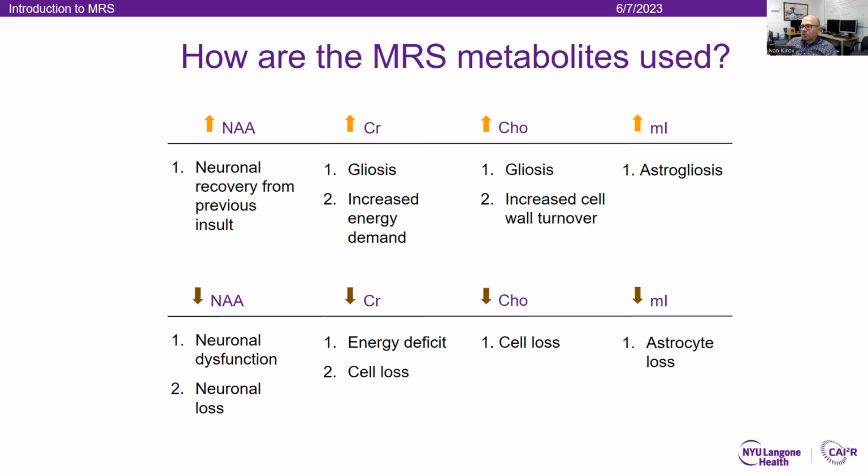This is just a summary which I won't go over, but you can pause and take a look at. It refers to how we can interpret different changes in these peaks. If these metabolites increase, which means that their peaks would get larger, or they would get smaller based on a comparison with some standard. But in any case, what I want to say here, which is quite important, is that changes in the peaks should not be viewed in isolation.